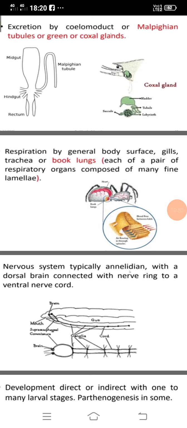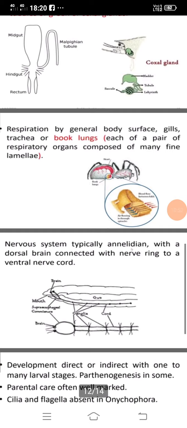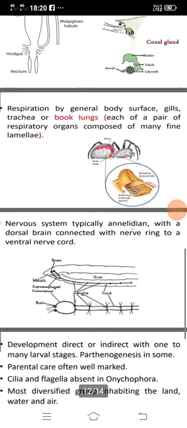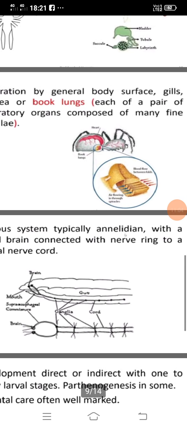The holes are present, which are called the book lungs, which is communicating through various tubes to holes of the body called trachea. So if you look at the book lungs, it has many lamellae composed of fine lamellae. Their blood is highly circulated within the lamellae and exchange of gases takes place over there.